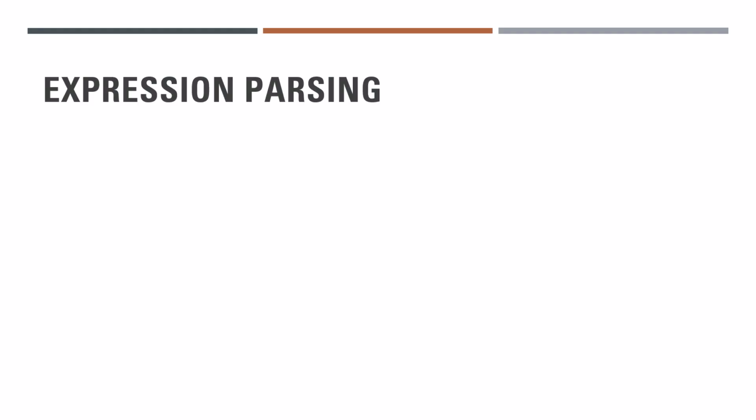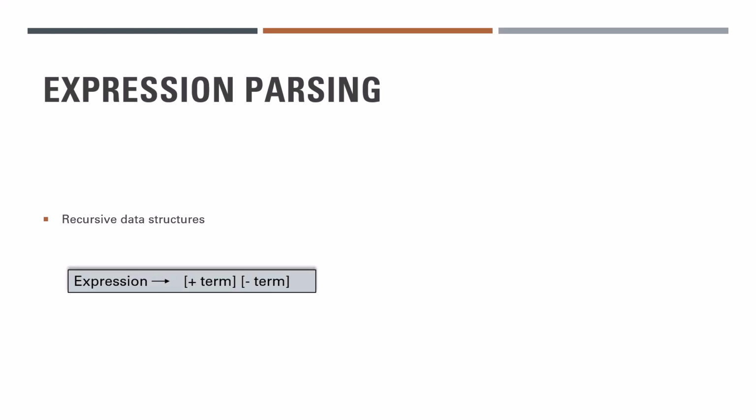And going back to talking about expression parsing, but in the context of the recursive descent parser, every expression is a recursive data structure, meaning it can be defined in terms of itself. And so expressions will produce terms.